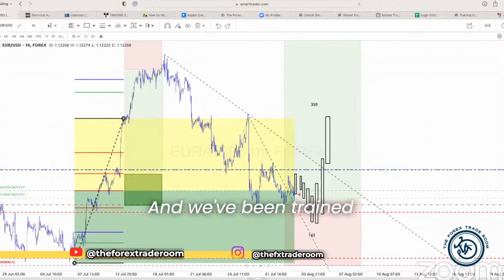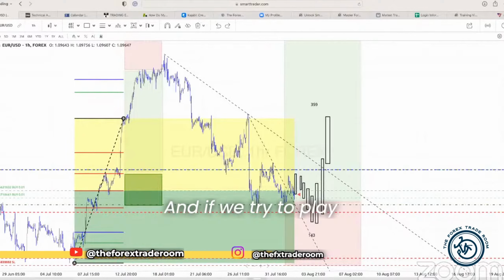And we've been trained in this space a lot of times that you have to have this perfect entry. It doesn't exist. The perfect entry is the entry on the trade that goes in your direction at some point. The perfect entry isn't having minimal drawdown.